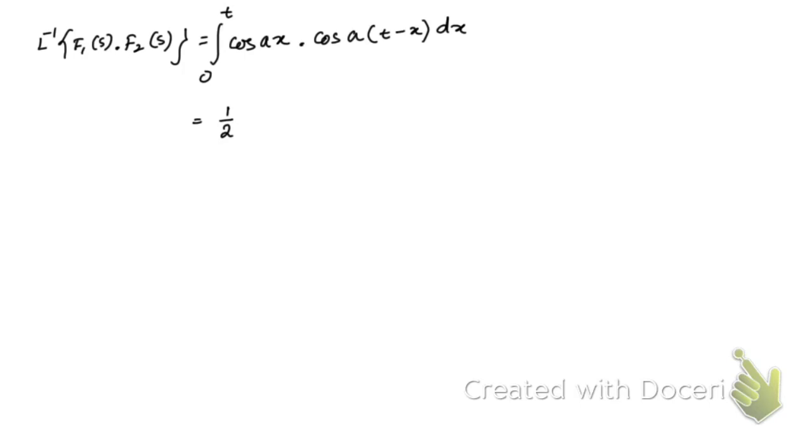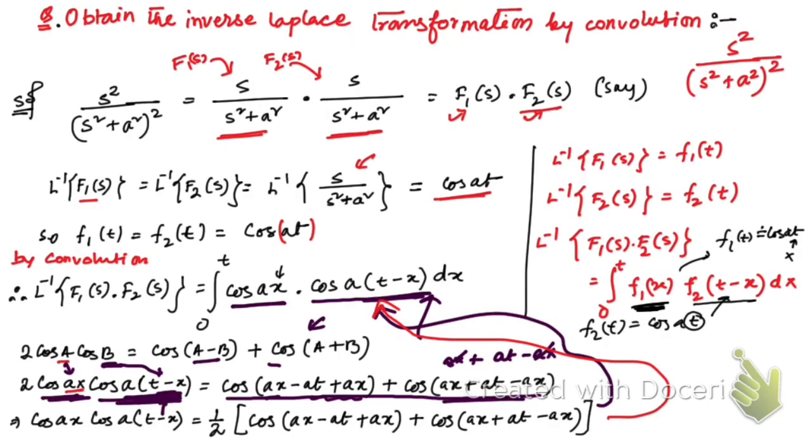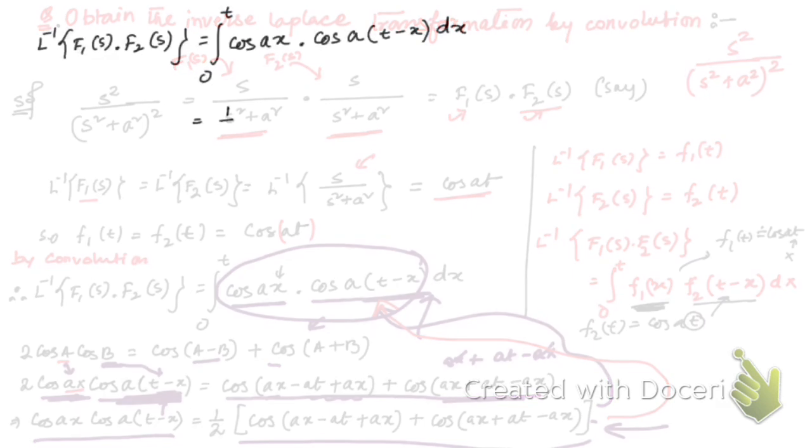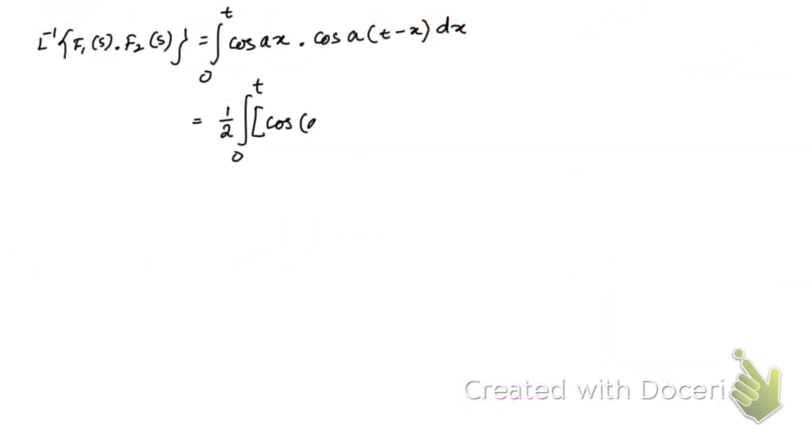Let me go back to the previous slide. We have got this result, right? This is equal to this one. So now let us replace this part by this result. We're gonna have this result. Okay, after using the trigonometric identity we have got this result.